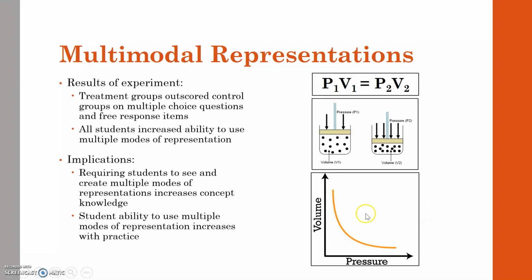And the last is a graph showing the same inverse relationship. Ultimately, what this study provided information about was if we can both introduce as well as require students to use these multiple modes of representation for the same idea, then their conceptual knowledge will increase.